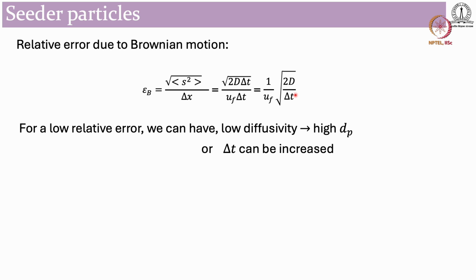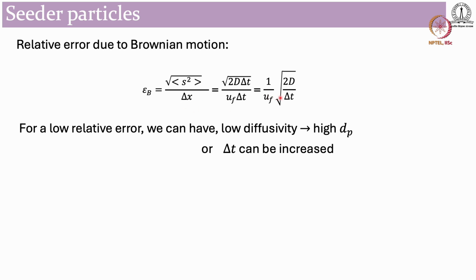So from this relation we can assume that for a low relative error epsilon b, we should have a low diffusivity of the particle, and if you have a low diffusivity, your particle should have a higher particle diameter dp, which is again not desirable.